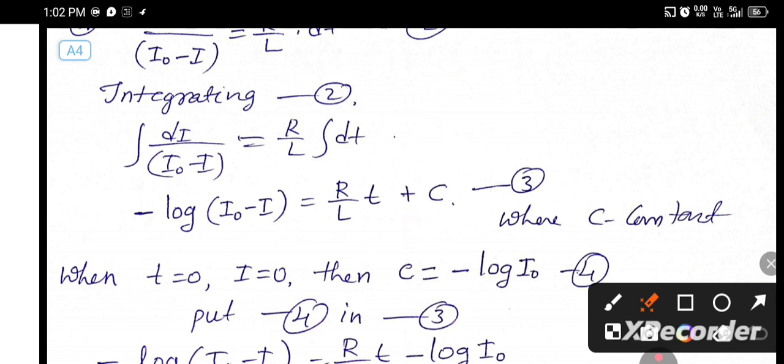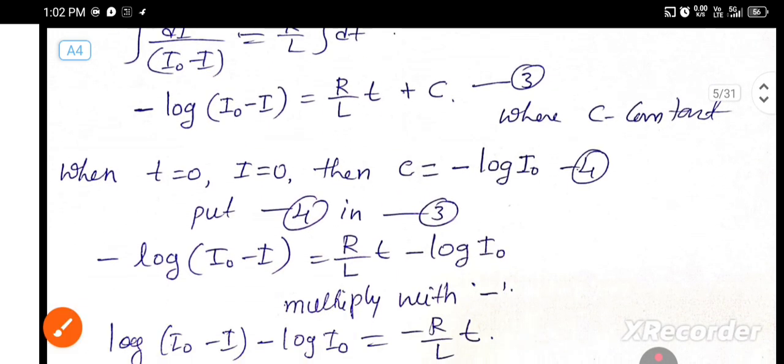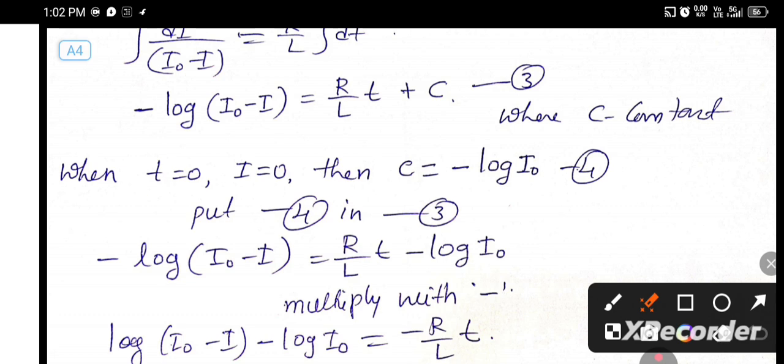To calculate the value of the constant, when time is 0, the current is also 0. Then c changes to minus log I naught. Put this equation 4 in 3, putting the value of c.